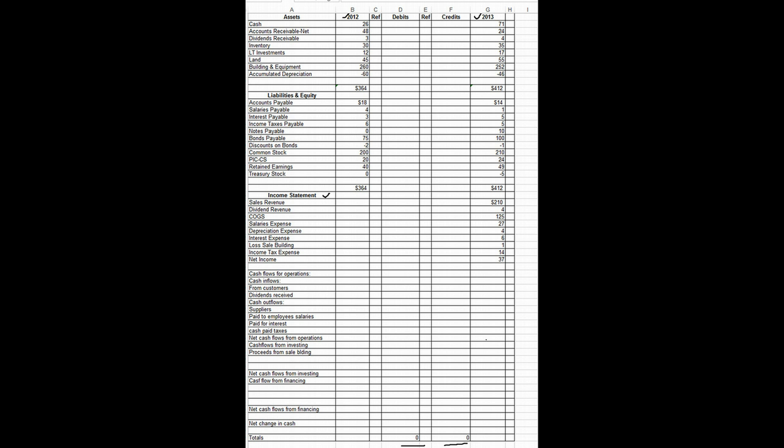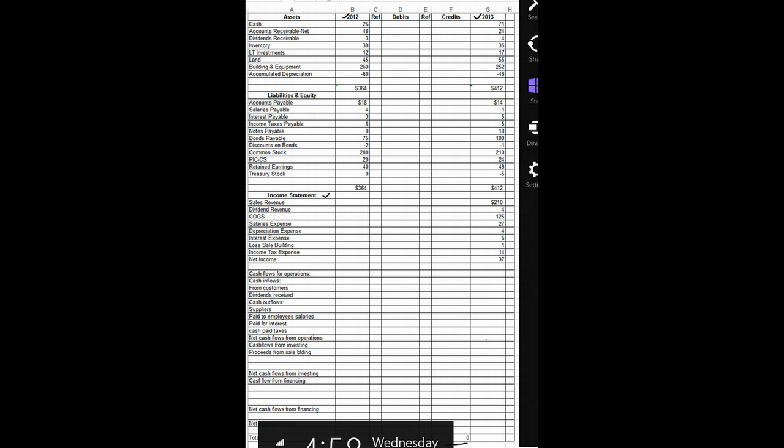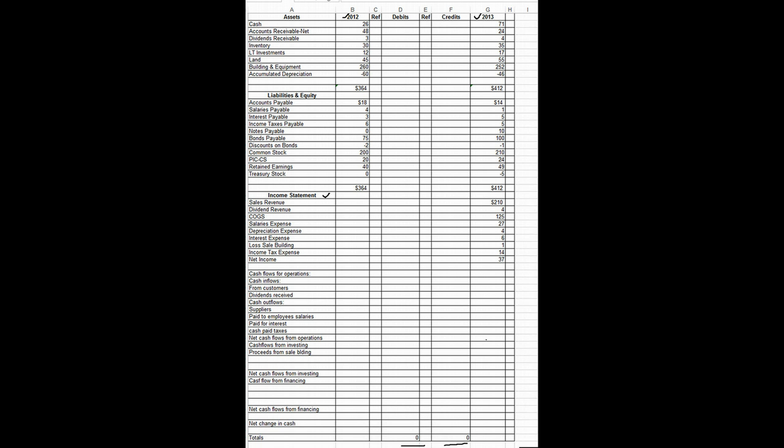And of course, I'm going to start with the income statement because our instructions said the first thing we were going to do was to calculate the change caused by the income statement by relating it to current assets and current liabilities. So let's start with the income statement. The first item on the income statement, sales revenue.